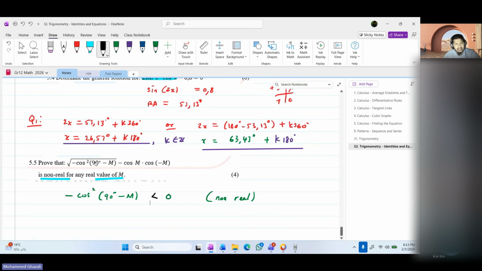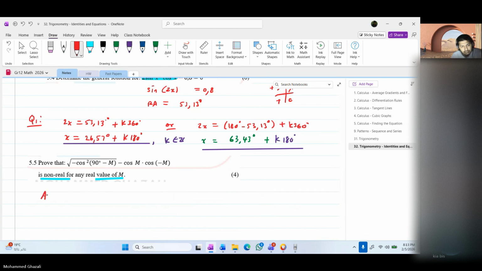I think we should simplify this first. Let me try to simplify everything under the square root. This expression is equal to negative cos squared of (90 minus m).